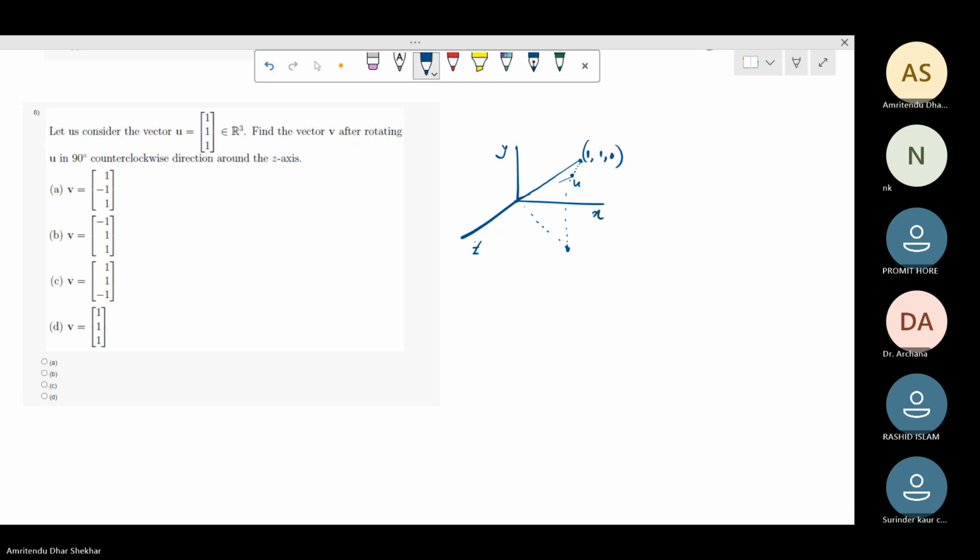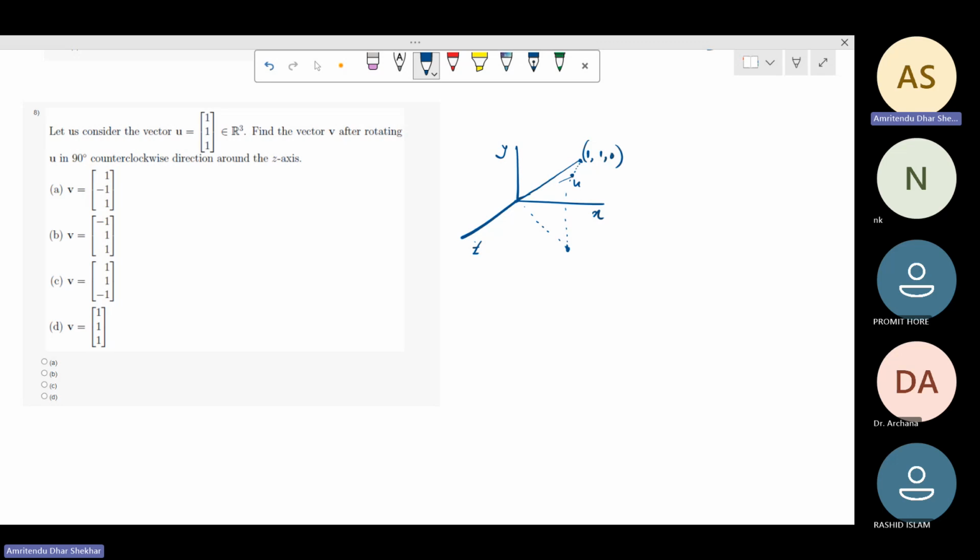Find the vector v after rotating u counterclockwise around the z axis.